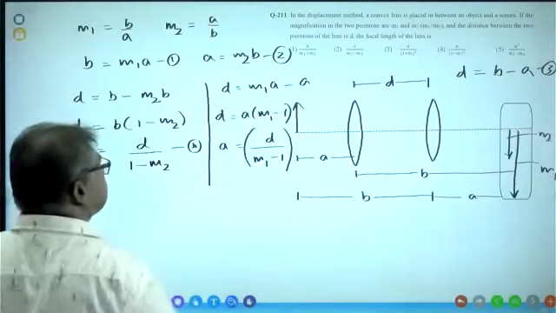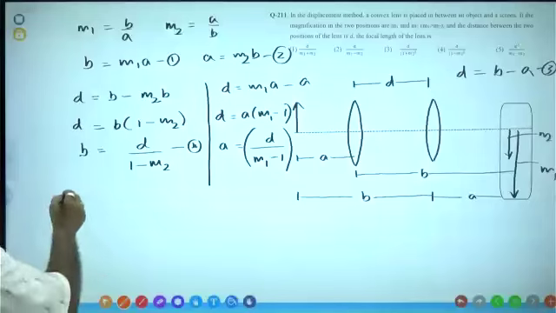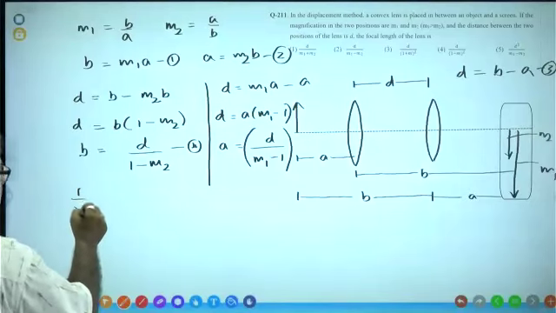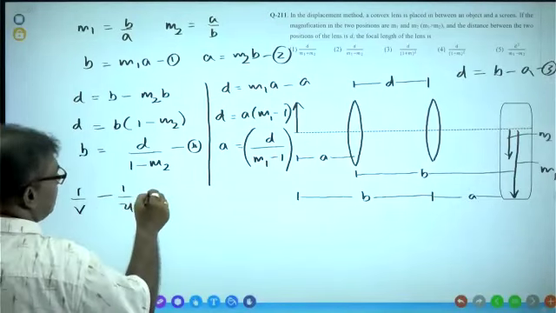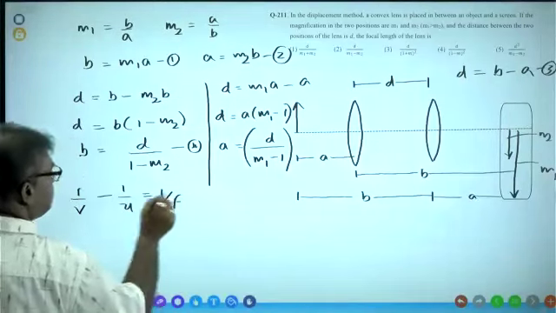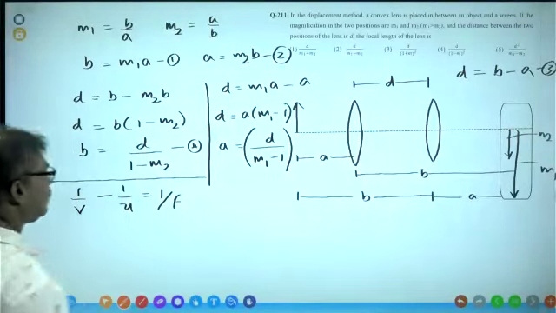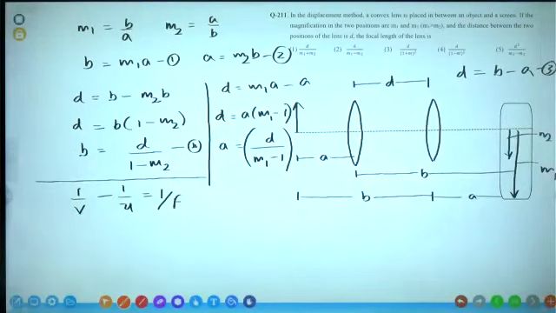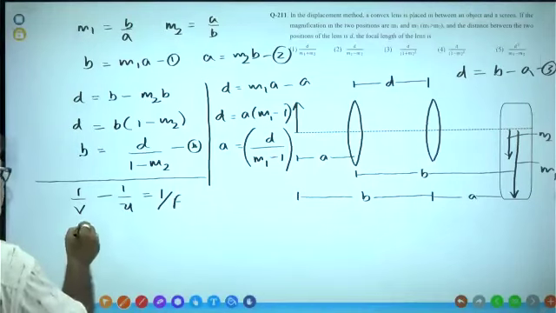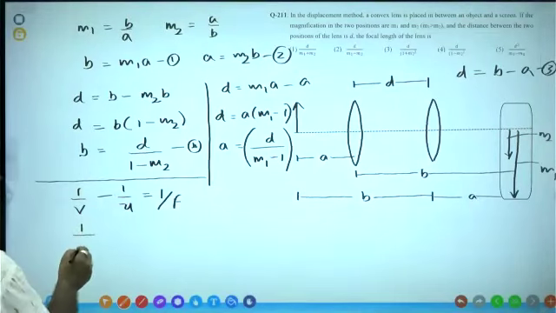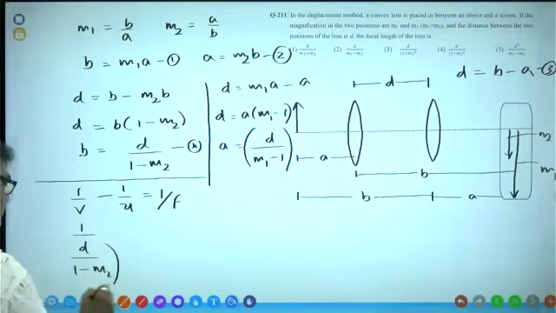Then using the lens formula, 1 over V minus 1 over U equals 1 over F. Application of the lens formula: 1 over V, where V is B for the first location, and B is D over 1 minus M2.